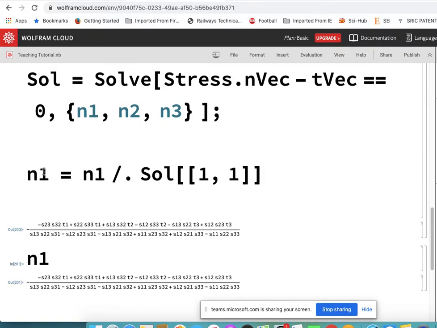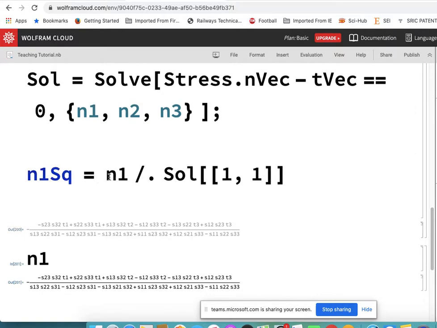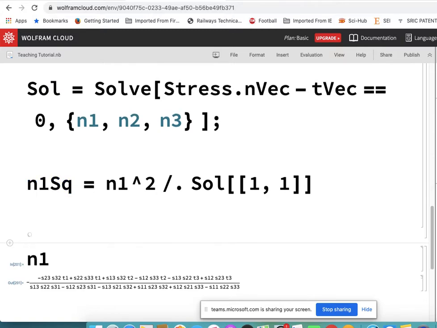I could have also said n1 sq as square of n1.